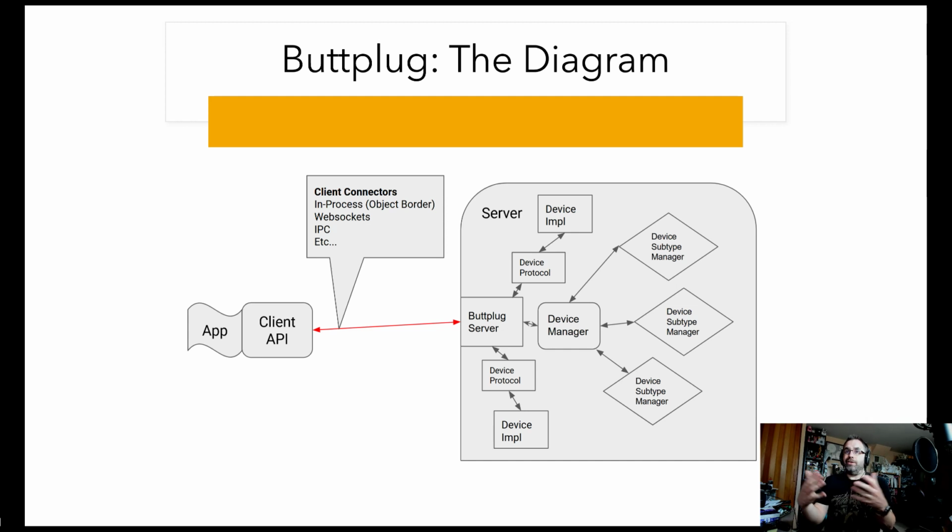So whenever you make a new client, you say, I want to connect inside the process, and you'll use what's called an embedded connector. If you want to connect out via WebSockets to Interface Desktop, you just use a WebSocket connector. And that's the only thing you change.